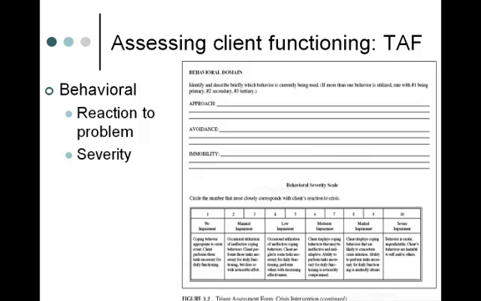And then you want to assess the severity of their behavioral functioning. So in terms of this, you want to think about the effectiveness of the coping behaviors being used currently, and the degree to which their general duties and obligations are being met. So if they're somebody who goes to work, goes to school normally, are they able to do that? Are they still functioning? Are they doing what they need to do, or are they not?